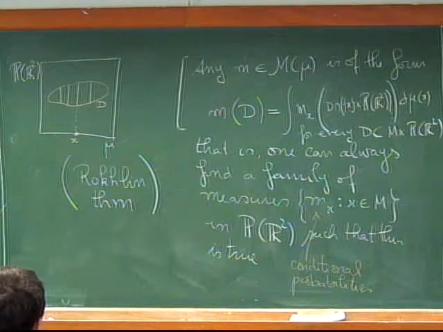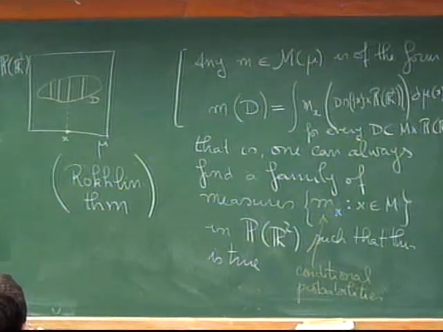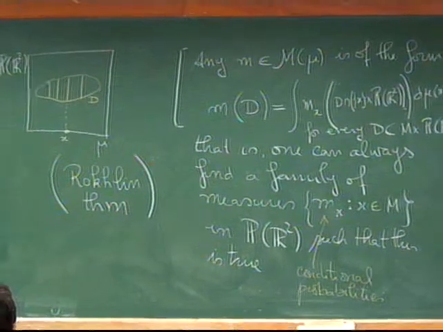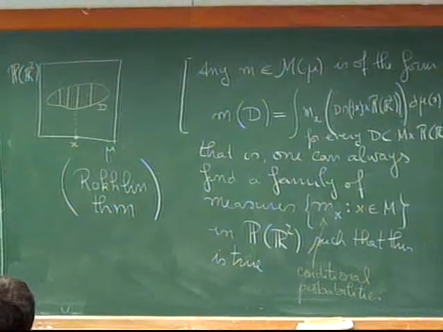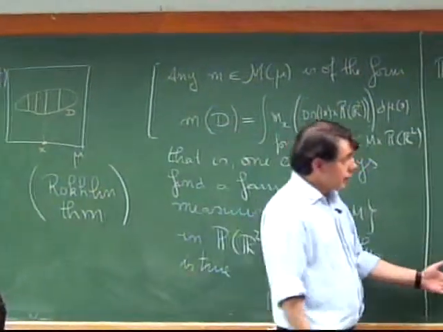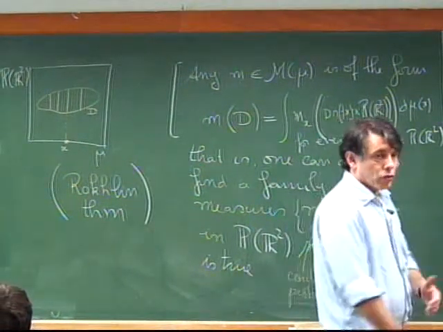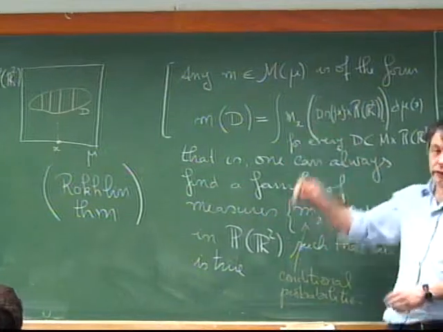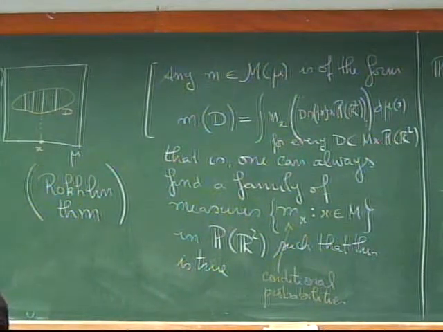In my book on ergodic theory, you can find the proof of Rochlin's theorem. So, in order to explain which measure is that, I have to say what these m_x are that I'm going to consider.